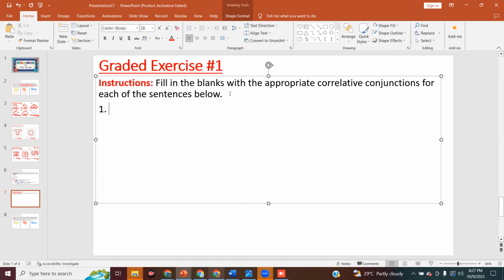So question number 1. She wanted blank the chocolate cake blank the vanilla cake. Number 2.